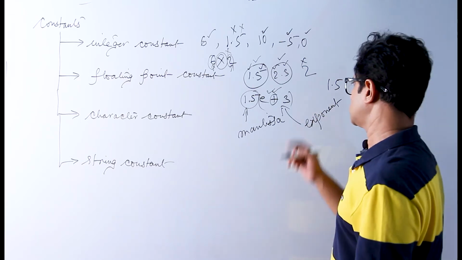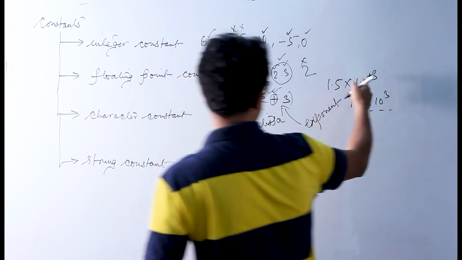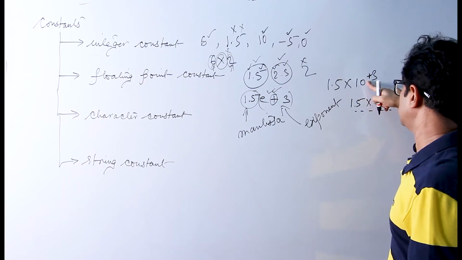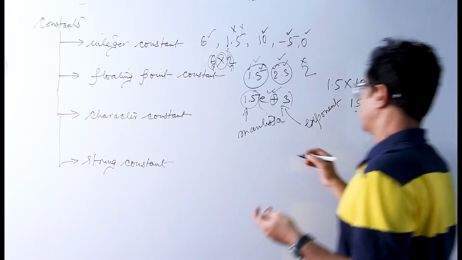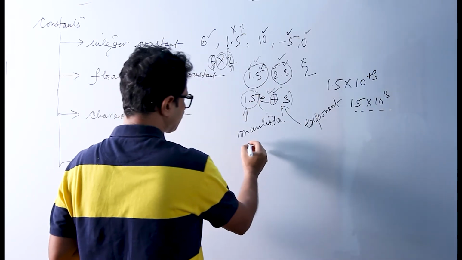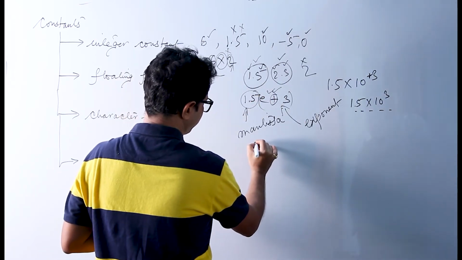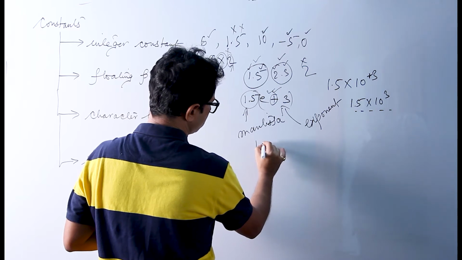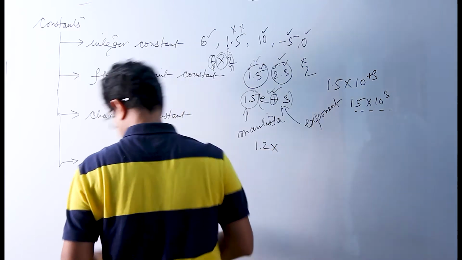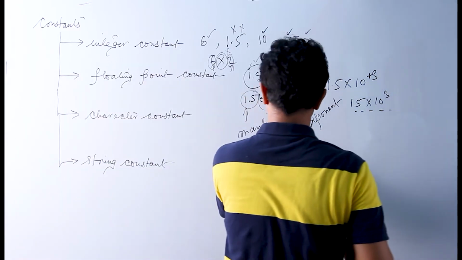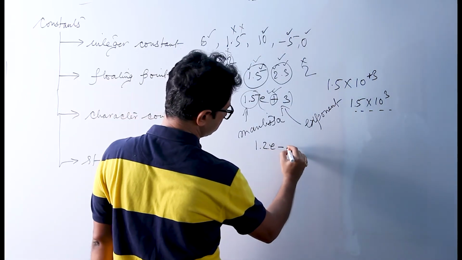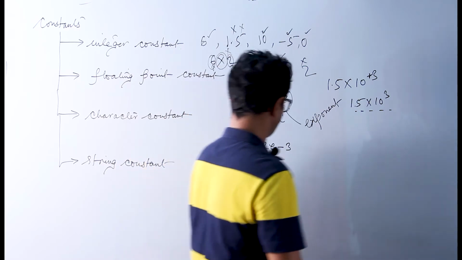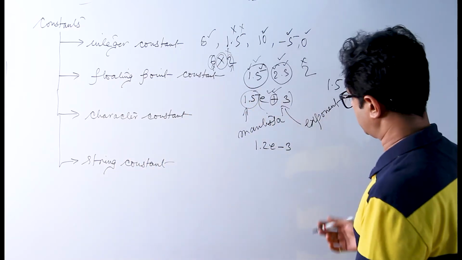Suppose we can also write like this. If we want to incorporate a minus sign over here, that is 10 to the power minus 3 or 10 to the power minus anything, we can write like this: 1.2 e minus 3 or e minus 2 or 4 or 5 or 10, anything.